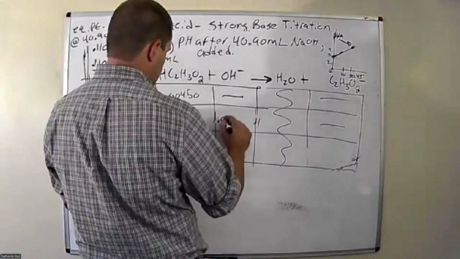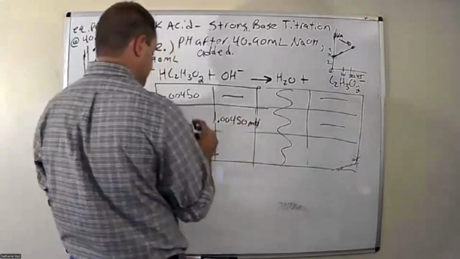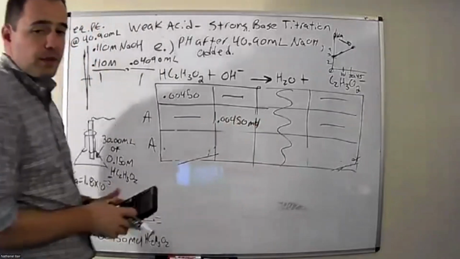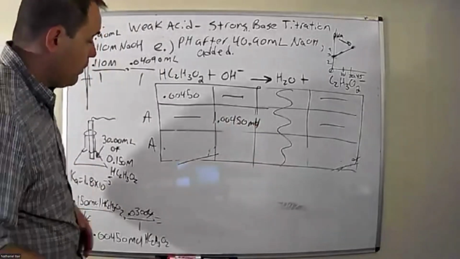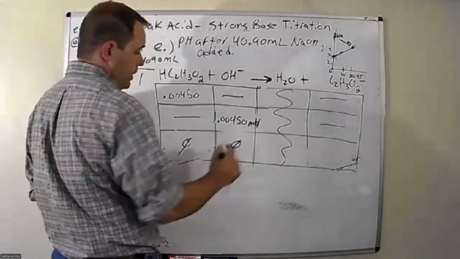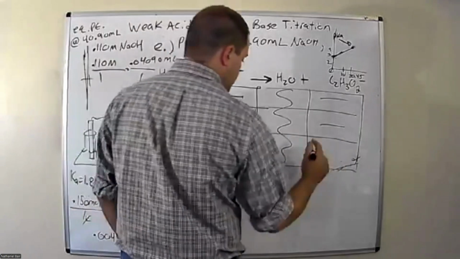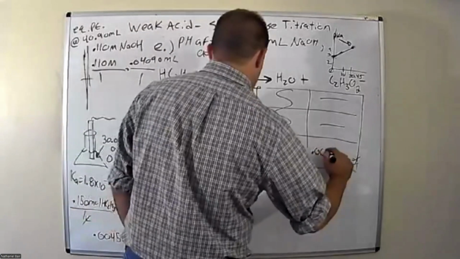That's going to be 0.00450 moles. Why is this significant? Well, at the equivalence point, as the name suggests, no acid left, no base left. They're equivalent. And this has all been turned into the basic salt.